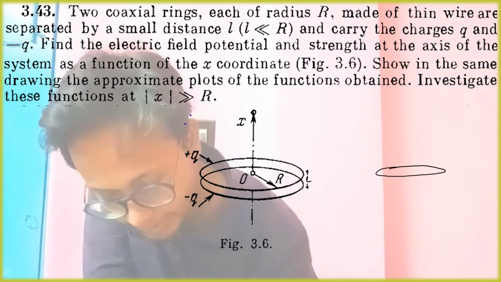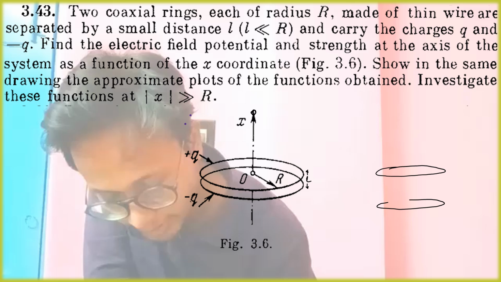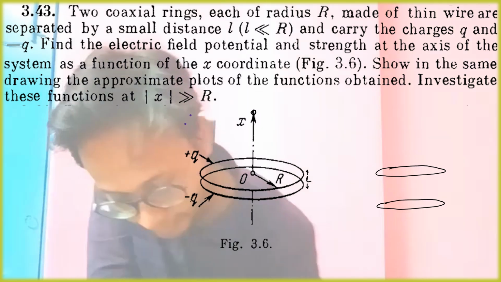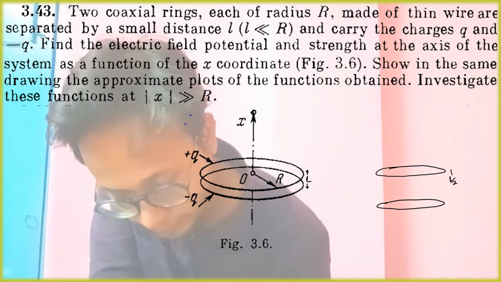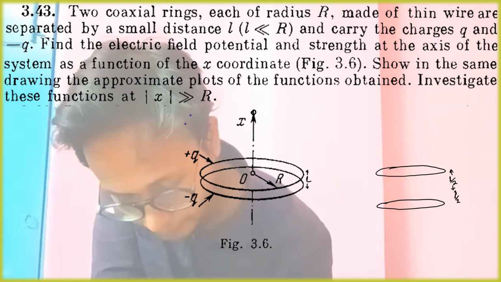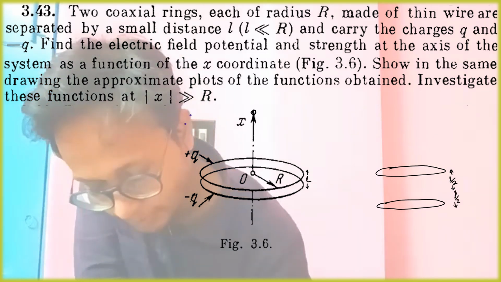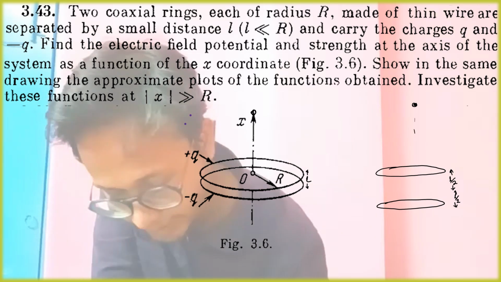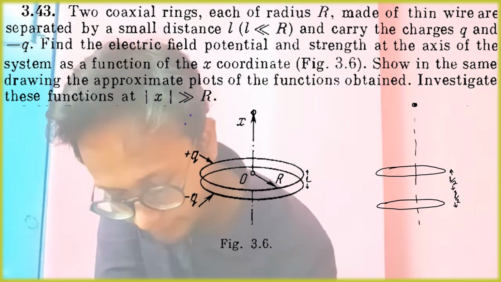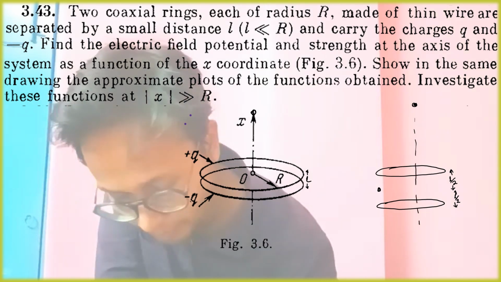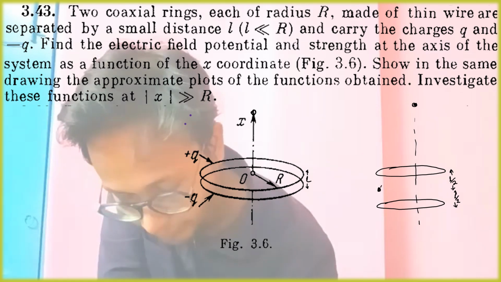So I'm just zooming out the distance L. So this is L by 2, this is L by 2. We have to find out the potential at distance X. Fair and fine. So let's take this point on the midpoint between these two rings and let this distance be h.